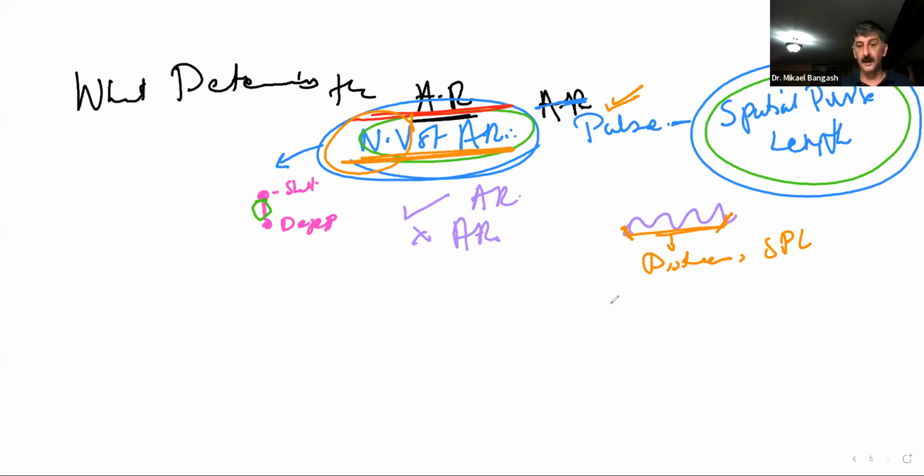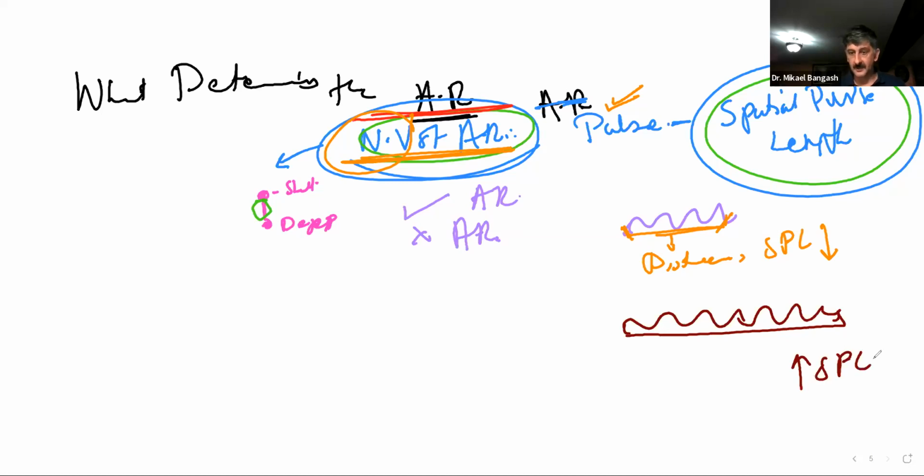Now we may have a pulse with a short spatial pulse length, or we may have a pulse with a great spatial pulse length. Clear?